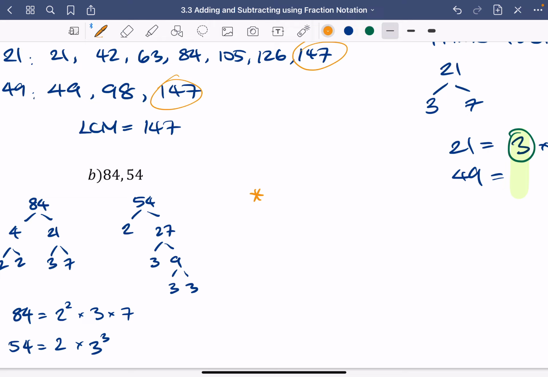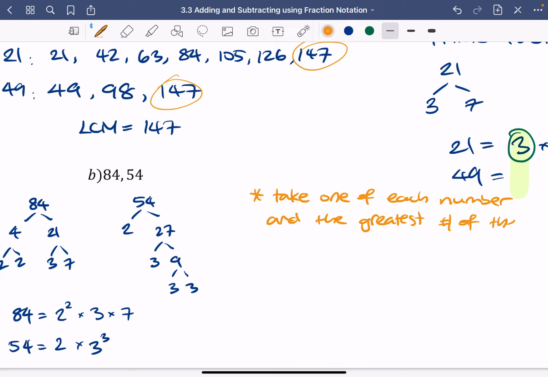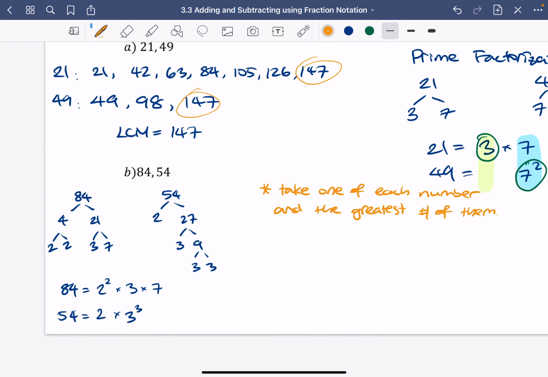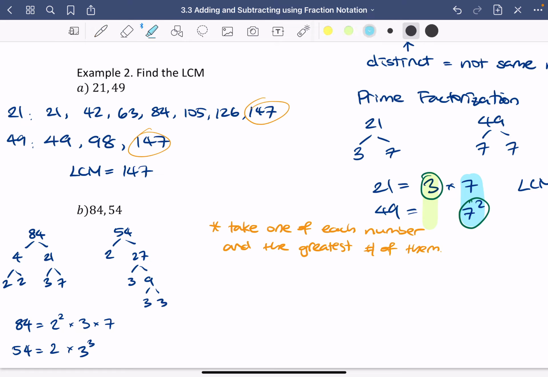And so now we're going to take one of each number, and the number we're going to take is the greatest one. So let's look at this.